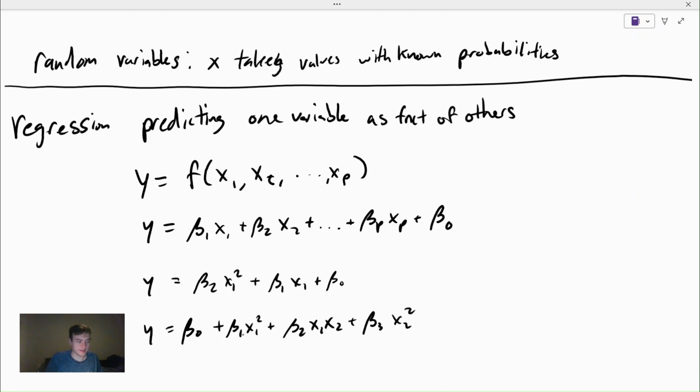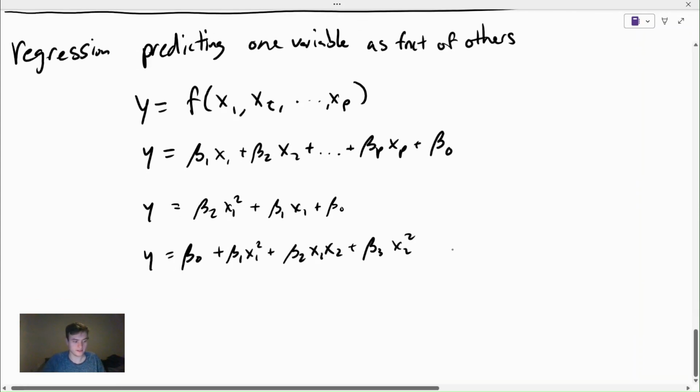But all of these are equivalent to a linear model if we do transformations to the variables before plugging them in, right? So what I mean by that is, let's say we have x1, x2, and y. We know certain values for these, right?